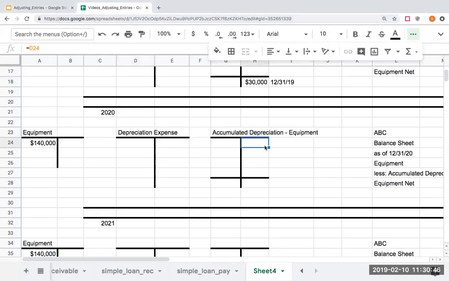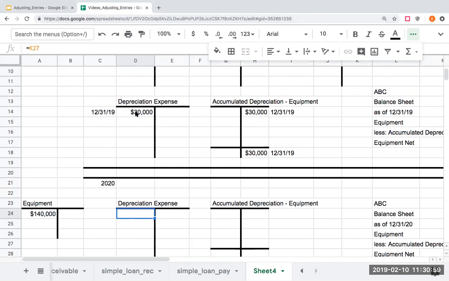So for 2020, my equipment balance is still going to carry down. Why is that? It's an asset, so it's a permanent account, so that's not going to change. My depreciation expense would have been closed out to retained earnings, but my ending balance on December 31st, 2019 becomes my beginning balance for the following year.